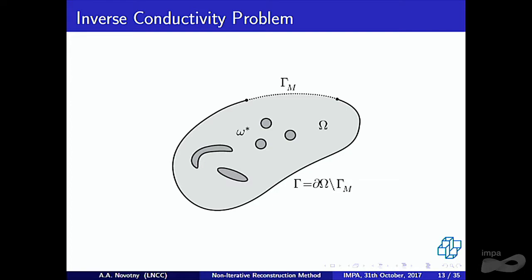In particular, in this setting, we have the domain omega with some hidden inclusion denoted by omega star, which is our unknown.